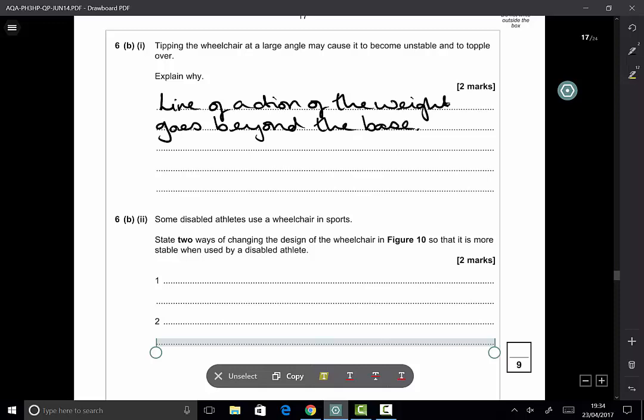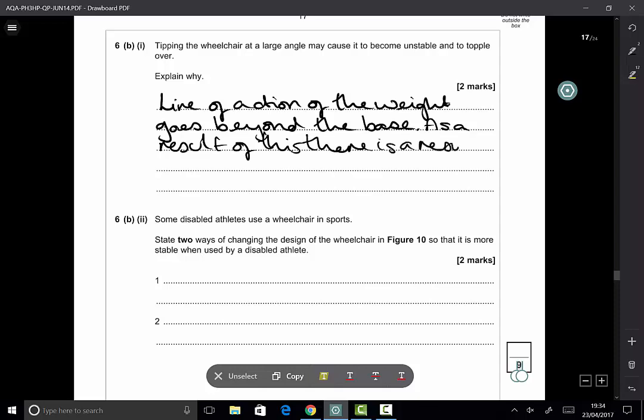And as a result of that, there is a resultant moment, or a non-zero resultant moment. Sometimes you get the mark for saying that it's no longer in equilibrium, but talking about resultant moment is more likely to get you the mark.